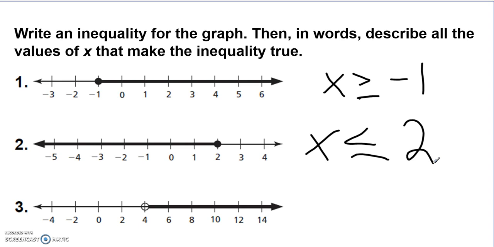And then for 3, we have x is greater than, with no line because the hole isn't filled in, 4. Oh, greater than, I wrote that backwards. So x is going to be greater than 4. So any number greater than 4.